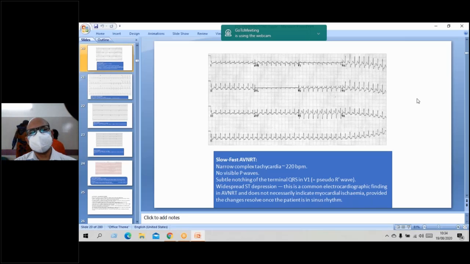Sometimes sinus tachycardia, atrial flutter, atrial fibrillation. This supraventricular tachycardia is usually nodal tachycardia, involvement of the AV node.